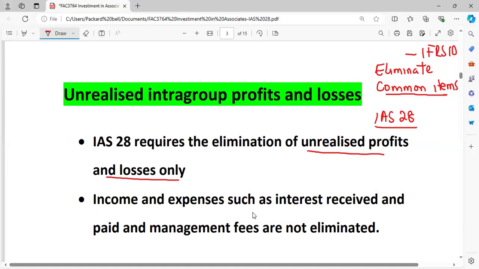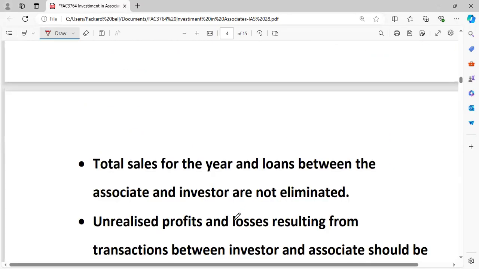So if there is a line item where there was a sale between the investor and the associate, and that profit has not yet been realized, that's the only item that you are going to eliminate. Things like interest received or paid, management fees, intra-group loans, those are not part of IAS 28.